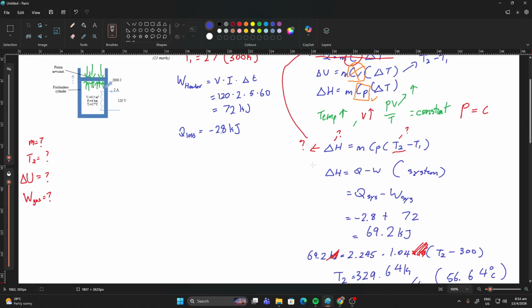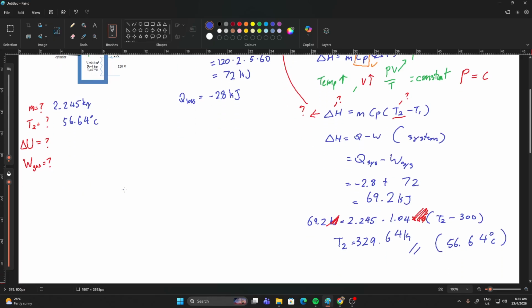Next, what do they want us to find? Alright, so we found mass. We found this. They want to find internal energy change. So internal energy change, okay, they are asking us to find precisely this. So we're just going to sub it in. So 2.25 over 0.7, is it 743?